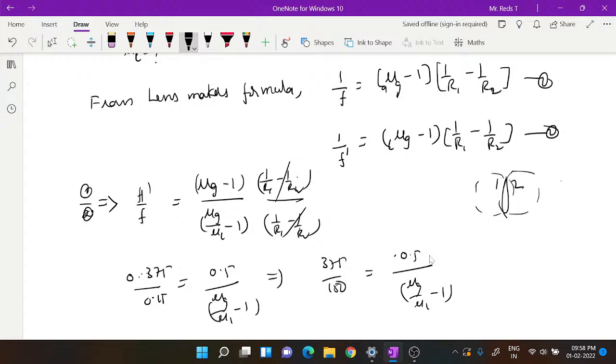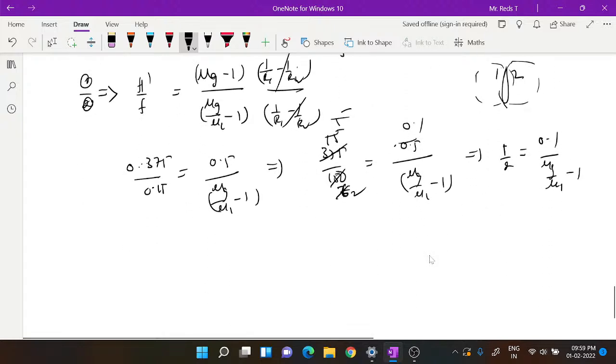Simplifying f dash by f, 0.375 divided by 0.15 gives 2.5, so 1 by 2 plus 1 by 2 is equal to 0.1 divided by mu g by mu l minus 1.